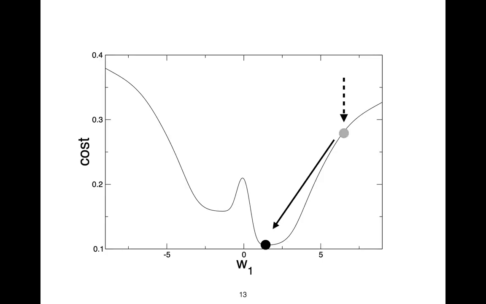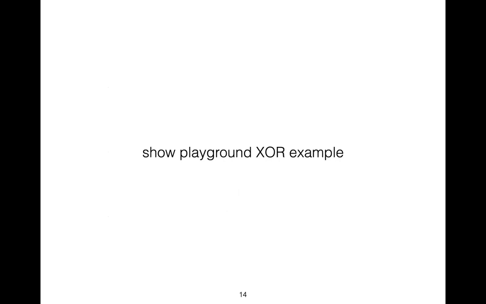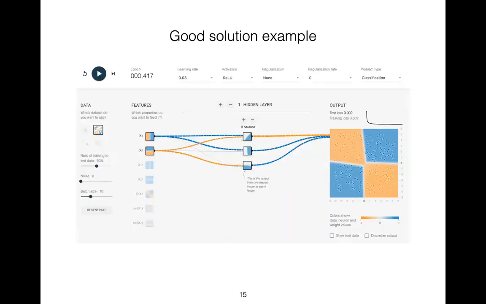The local minimum problem is actually everywhere. Please don't think that this is a synthetic example that I came up with. It's everywhere when you do optimization for deep neural networks. You can try the TensorFlow Playground for the XOR example here. You can try it yourself.